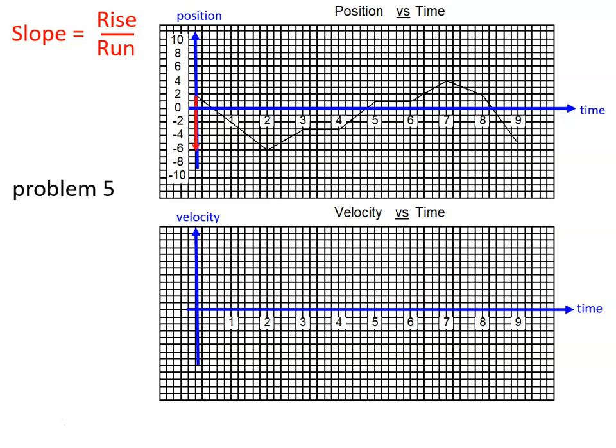How do we figure out these changes? On the first line segment, we went from a position of 2 to a position of -6. That's a change in position of -8. Over what time did that happen? That happened over a time of 2 units of time, whatever our units are.